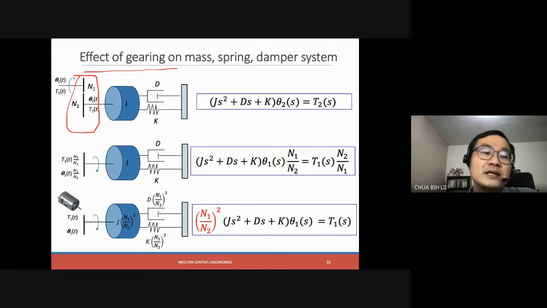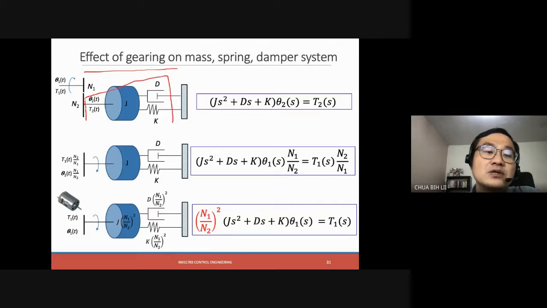So generally, if we would like to define, let's erase something first. Now let's just look at this particular section first.